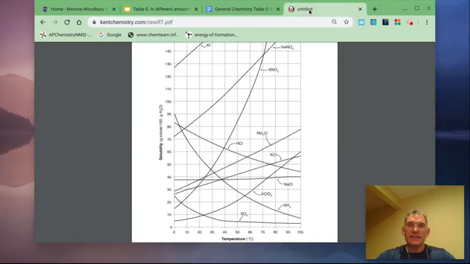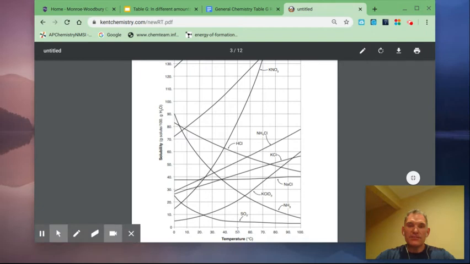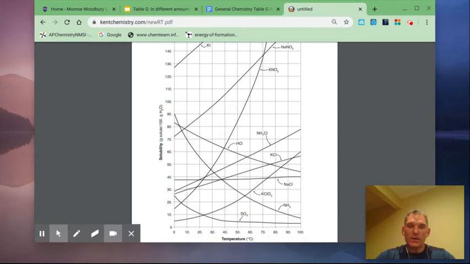So if we take a look at Table G, 50 degrees Celsius for ammonium chloride, and I'm going to put my mark exactly where that's going to be. It's right about there. And remember, this is in 100 grams of water. So what I found was ammonium chloride, there's 52 grams in 100 grams of water.